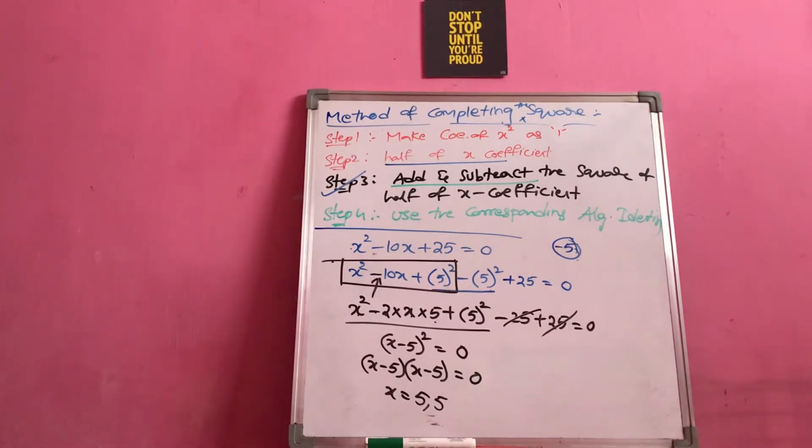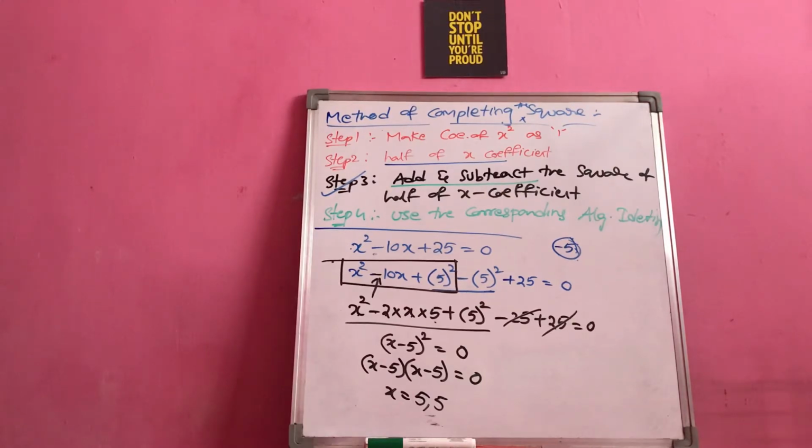The most important point that you have to observe here is, when you are taking half of the x coefficient, adding and subtracting the square of half of the x coefficient has to be done between the middle term and the constant, so that it will be helpful for you to make use of algebraic identities effectively.